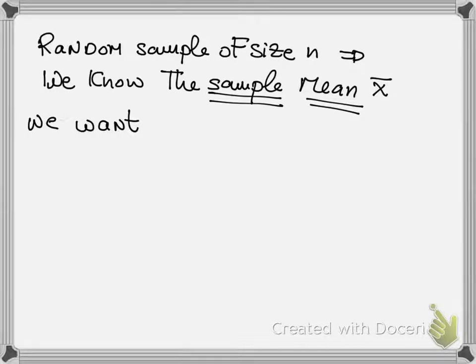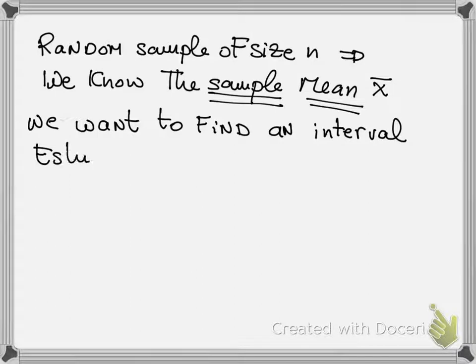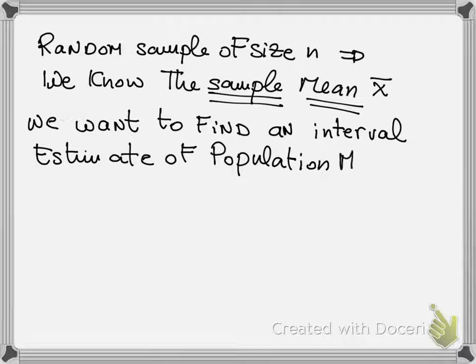And so the idea is we want to find an interval estimate of the population mean mu. Okay, so we know the sample mean x bar, and we want to find an interval estimate of the population mean mu, right?